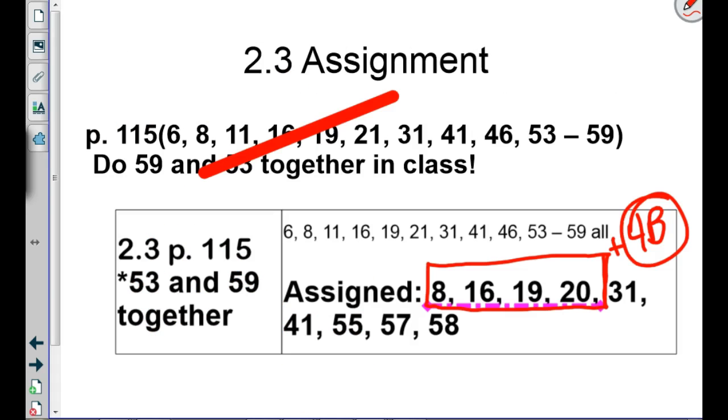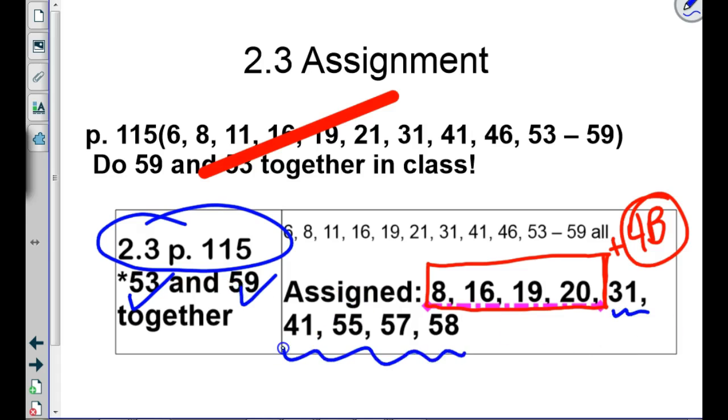The 4 or 5 questions that you still need to do on this, guys, are on page 115 here. Remember, I said I would do 53 and 59 together, and you wanted to kill me over 59. Okay, these are the 5 questions you still need to do on section 2.3. Anybody need to write that down? You have it on your homework check.